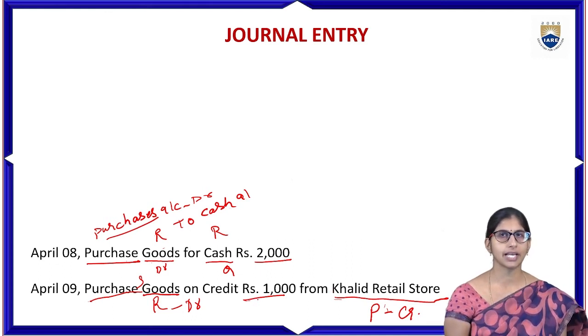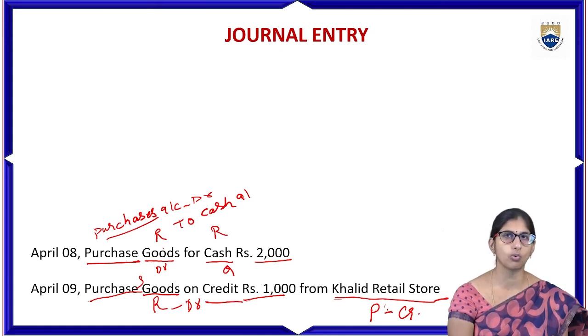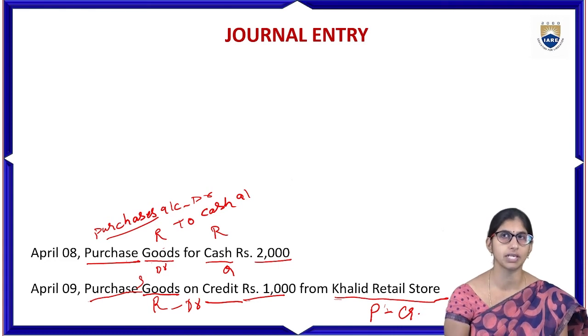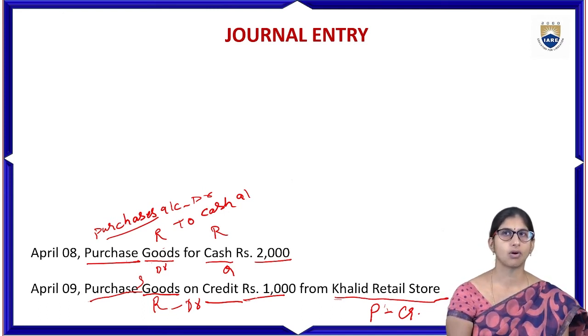Here in this transaction, we cannot see the word called cash, or we are buying on credit basis. On credit basis means we have purchased goods worth of 1000 rupees from Khalid retail store on credit basis. That is, we are going to pay that 1000 rupees on some later day. We haven't paid cash immediately. So this is a credit transaction.